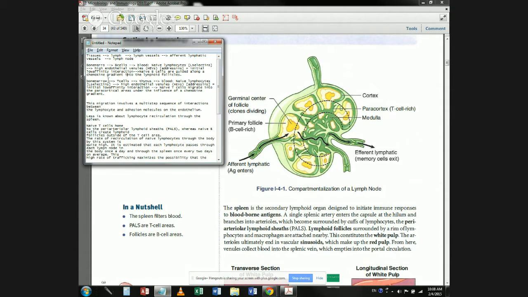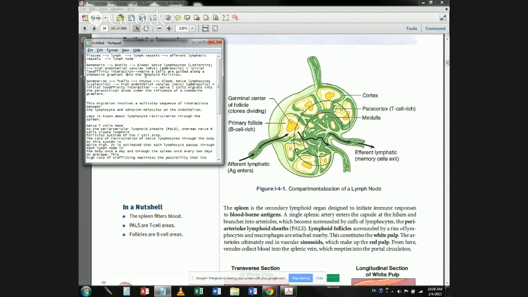But anyway, through the blood, these lymphocytes, either B cells or T cells, both have L-selectins, and they both end up binding to the high endothelial venules' addressins in a low affinity interaction. Then they feel their way through a chemokine gradient into their respective areas.